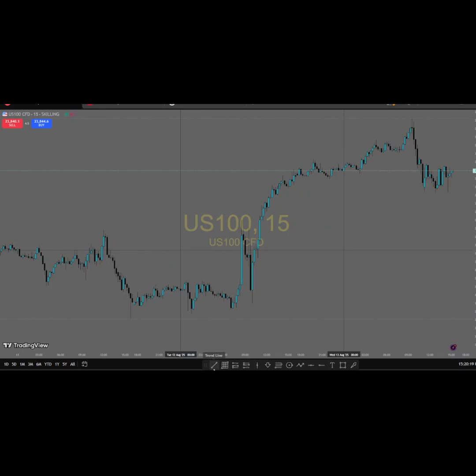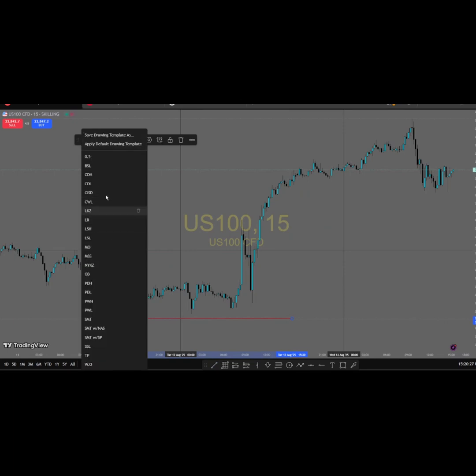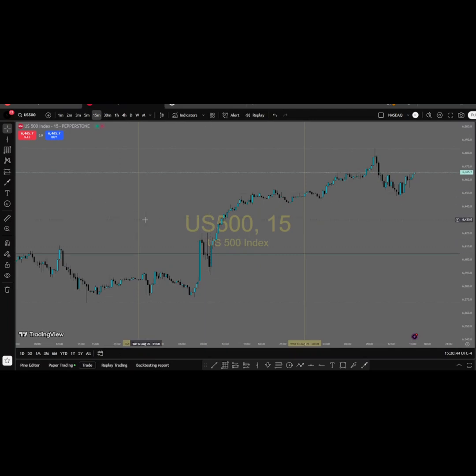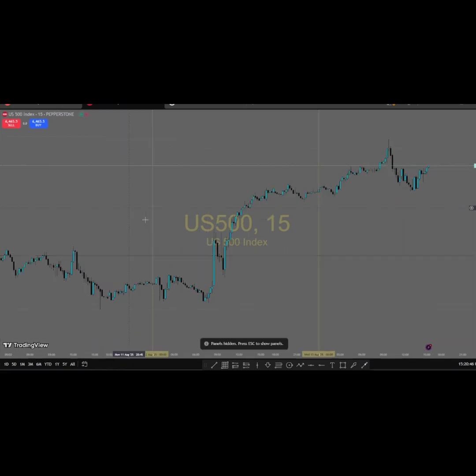Okay, so yesterday we can see that on Nasdaq price opened and traded lower. So let us mark first the previous day low, which was Monday's low. Previous day low and previous day high are important levels in the type of trading that I do, which is institutional trading or price action trading. I'll mark it on both US100 and US500.